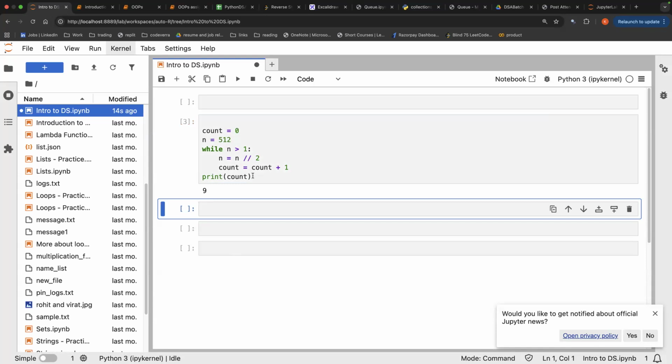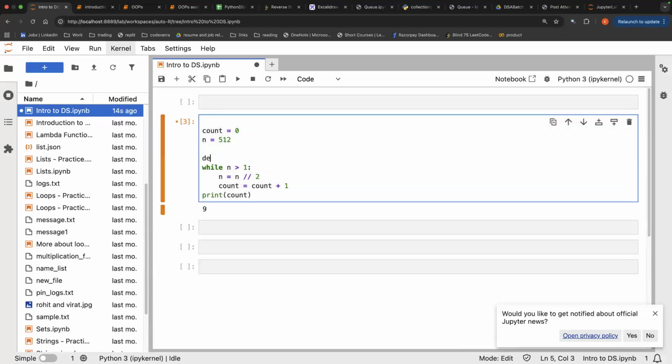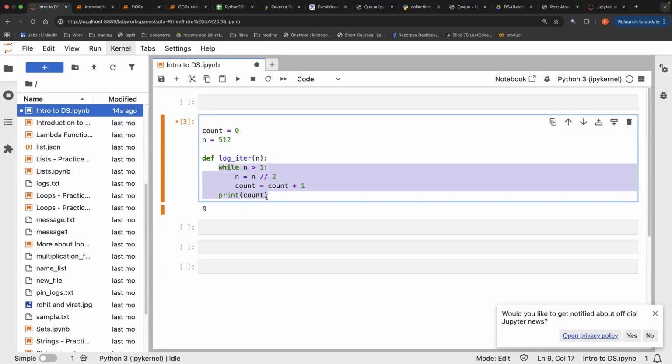So you can write a function for this. If I want to show you the plot of how n is moving, I write a function def log_iter, and I will say n, run it like this, and just return count.